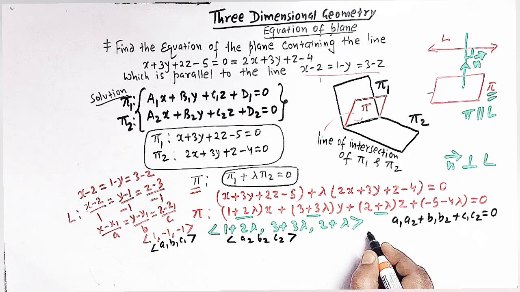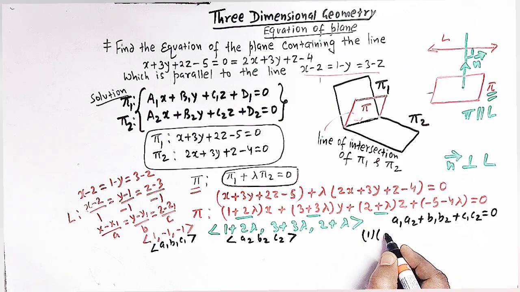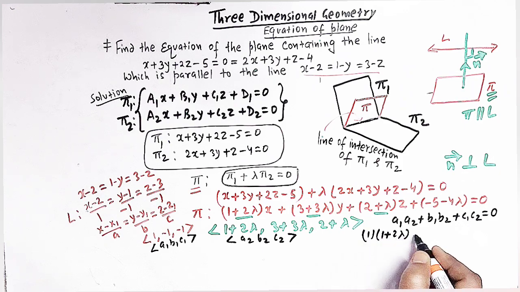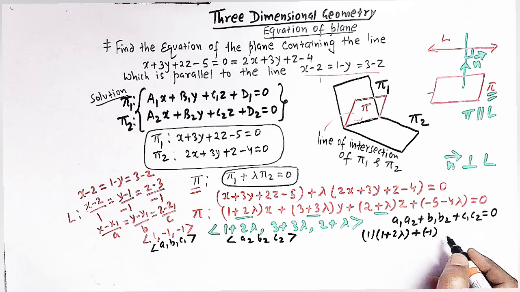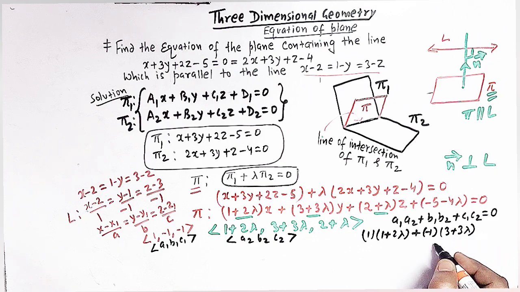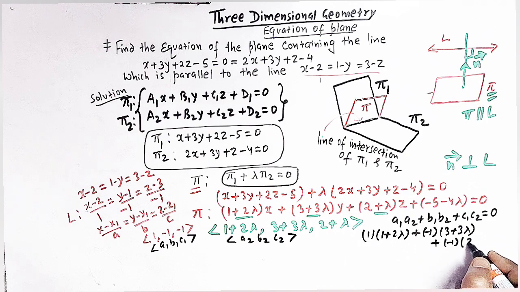So here we have 1 times 1 plus 2 lambda, then we have b1 as minus 1 and b2 is 3 plus 3 lambda, and then we have c1 is minus 1 and c2 is 2 plus lambda, is equal to 0.